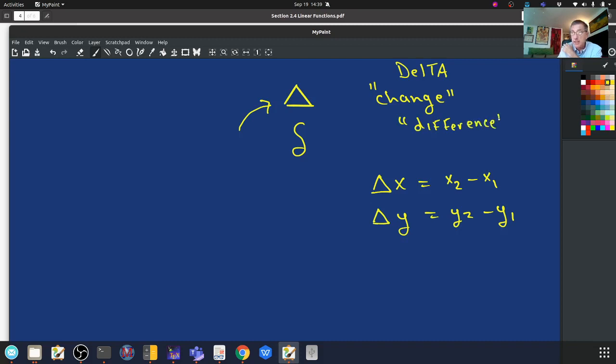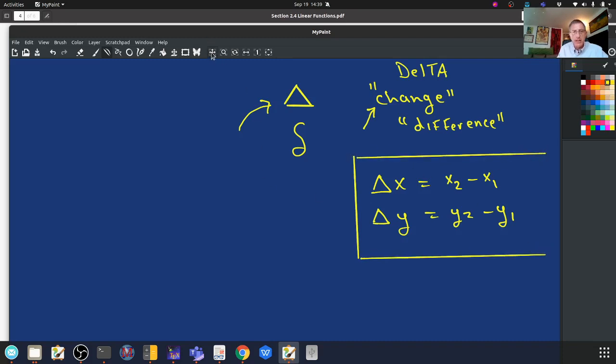And indeed, conceptually it is better, but for the most part, in the concept of algebra and calculus, change is usually the better of the two. So delta x is the change in x values, delta y is the change in y values. For you all right now, all you have to do is remember this.